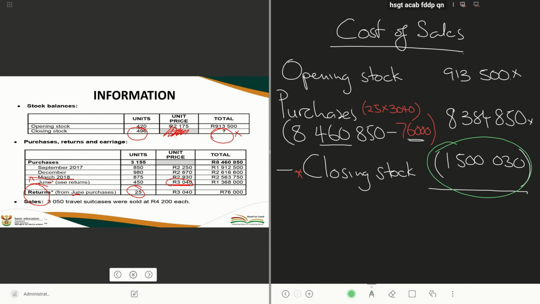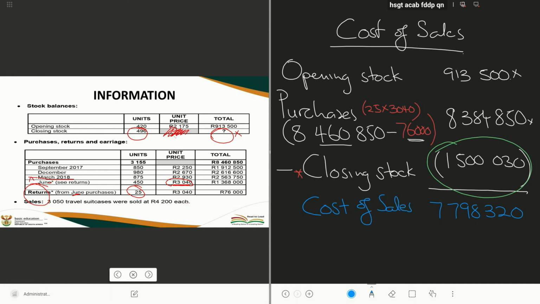Then you say minus 1,500,030. Then what you get is 7,798,320. This becomes what is known as your cost of sales.